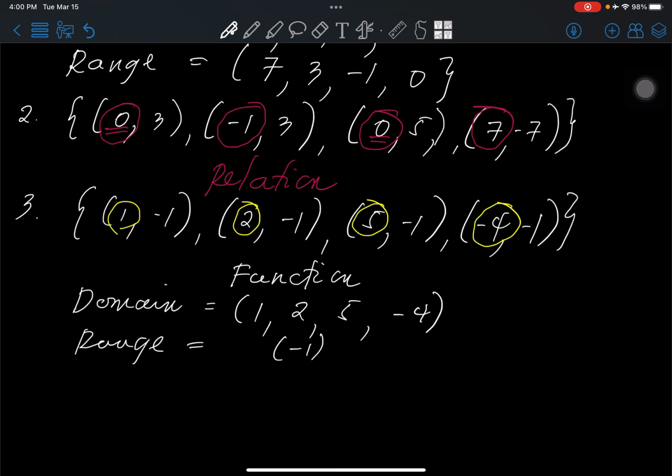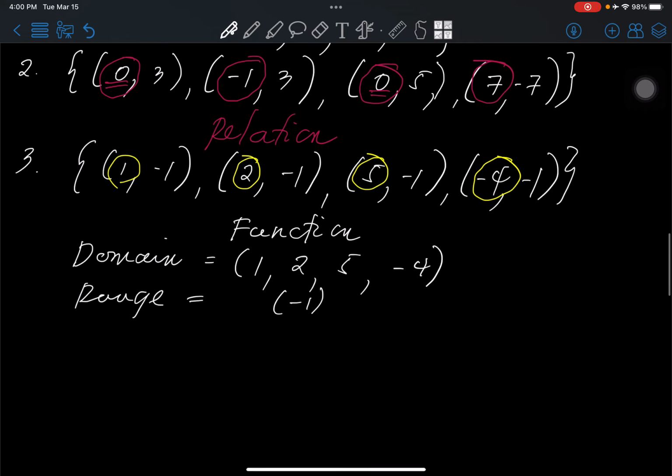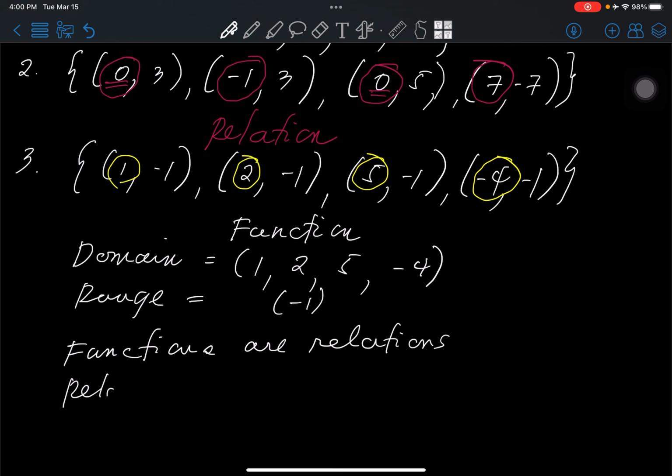And take note, class: functions are relations. However, relations are not functions. So always consider this. Thank you.